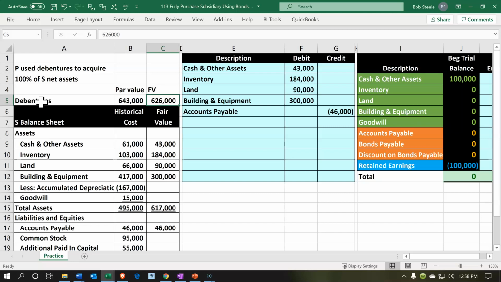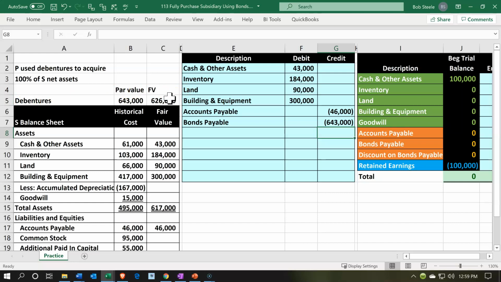So it's just like our bond type of transactions, if you want to refresh on recording bonds. When you issue the bond here, the bond is going to go on the books. It's kind of like a liability. It's something that we owe. It's going to go on the books as a liability for the full amount, $643,000. Then there's a discount because it's really only worth $626,000.